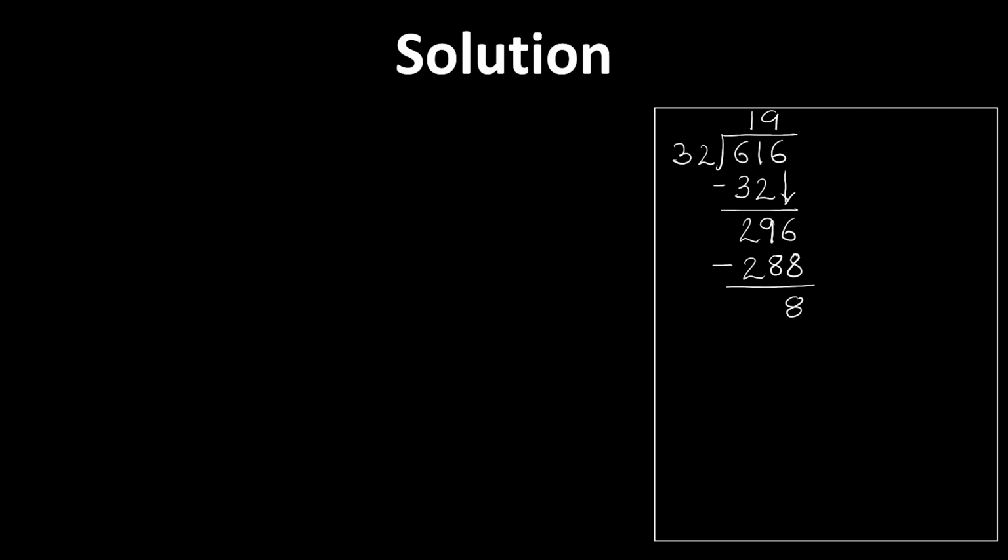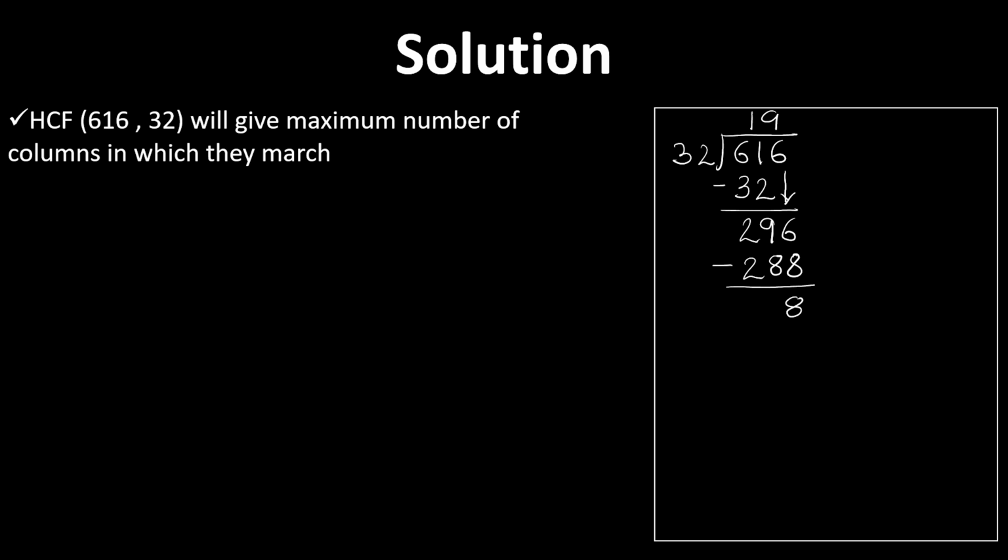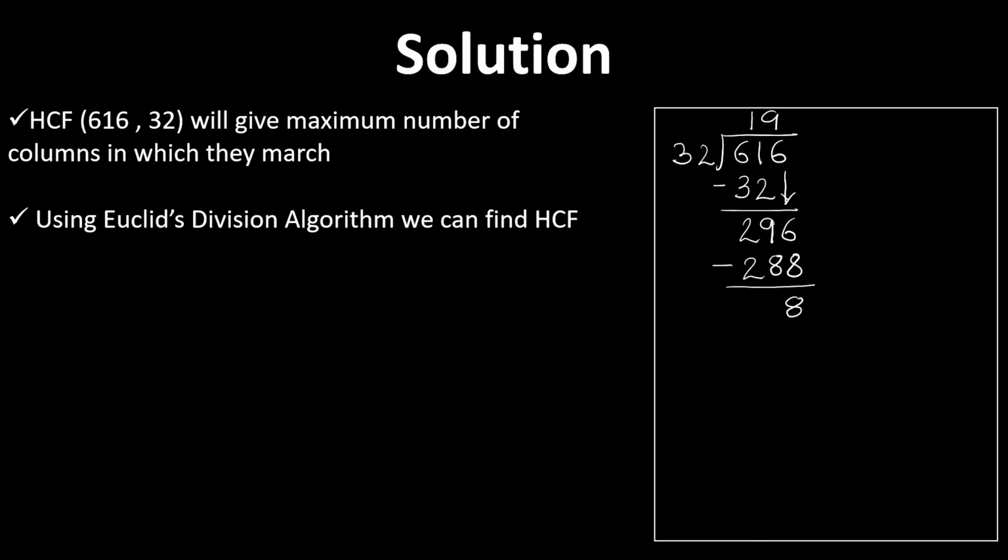Hence, we will write down that the HCF of 616 and 32 will give us the maximum number of columns in which they can march. So using Euclid's division algorithm, we can find out the highest common factor. And since after division we got a remainder of 8, we will write it down as 616 equals 32 into 19 plus 8.